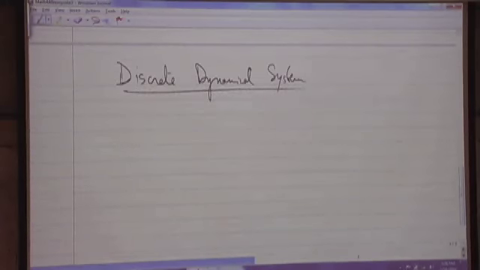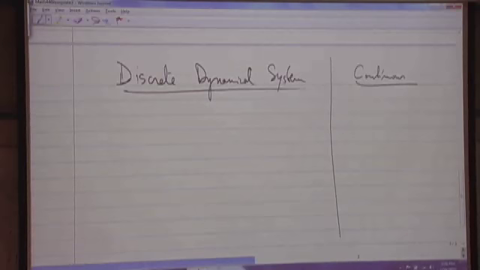All right, so let me kind of make a parallel with the continuous dynamical systems. In discrete dynamical systems, usually we have a change, over a fixed period of time, that is described as a function of the current state.